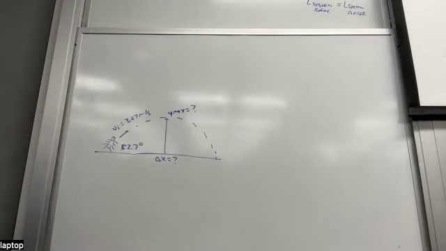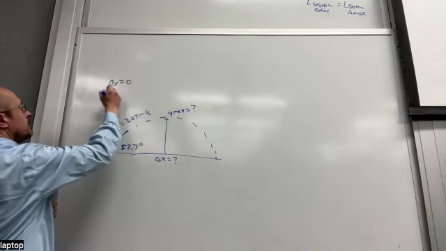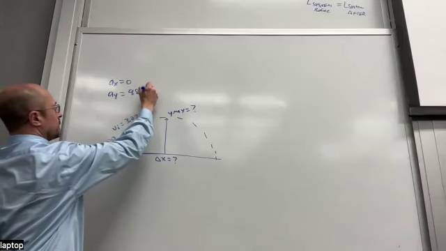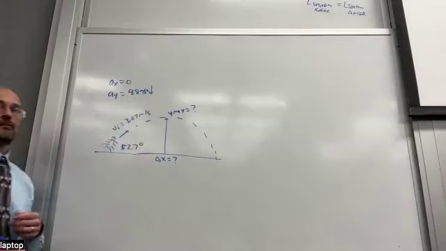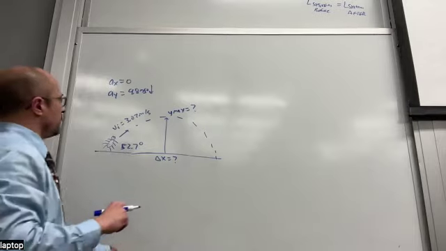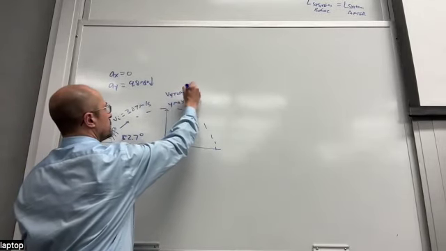The things we want to remember are that in a projectile, ax is 0 and ay is 9.8 meters per second squared down. Put the negative in how we see fit. We remember that at the top, Vy is 0.